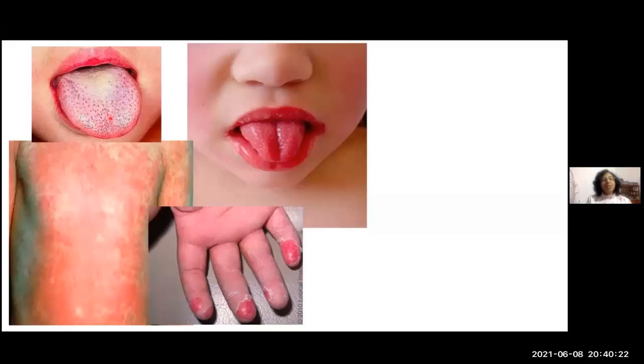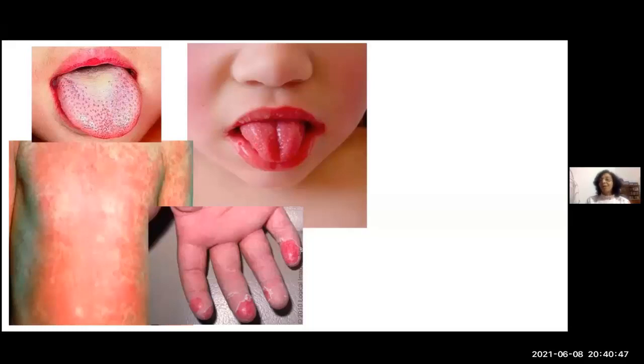Right, so what do you see here? We call this a white strawberry tongue. You can see the red edematous papillae in a white coated tongue, which eventually develops into a red strawberry tongue. Right? So this is a classic conversion which occurs on about day 3 or 4 of the illness.